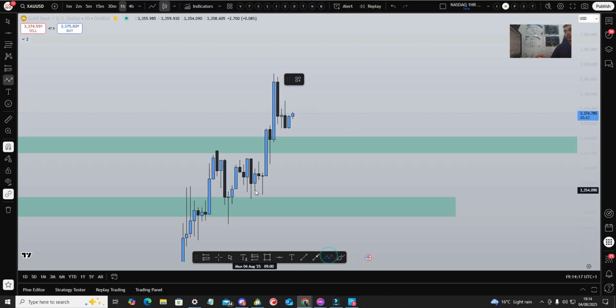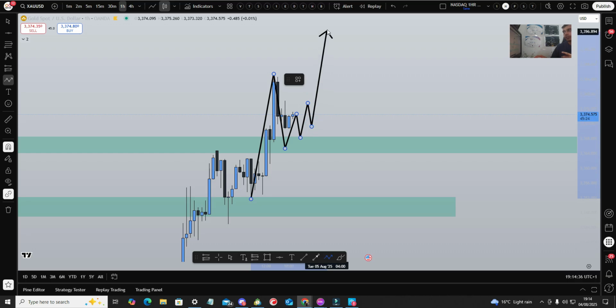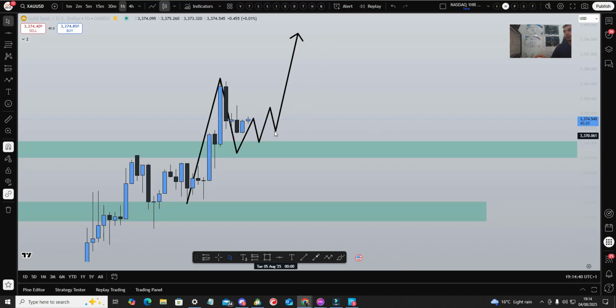Suppose we have price breaking through the zone here. Price comes down. Now this is an extra key tip. If price bounces, then comes a little bit lower, bounces again, a little bit lower, bounces again. Now look at this. What do you see within this? Let me mark this out.